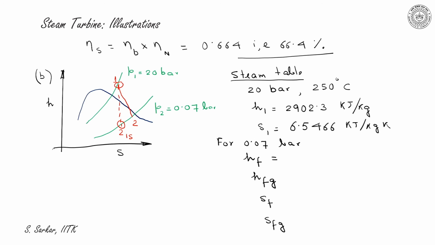HF, I got 163.16 kilojoule per kg. I am not writing. HFG is 2409.54 kilojoule per kg.